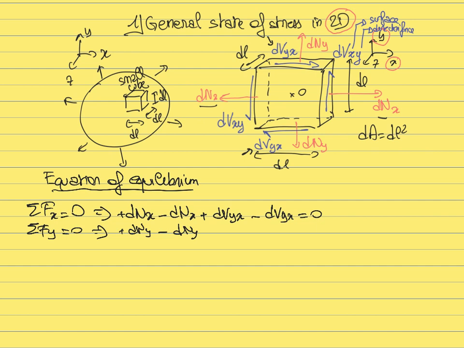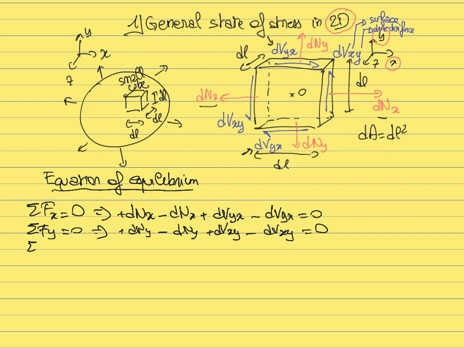The one on the right is going upward, so it has a positive projection, that's dVxy, and you have the one on the left that is going downwards, and we know that the sum of those projections has to be equal to 0. Again, here we do not learn anything new because we knew already that dNy minus dNy plus dVxy minus dVxy is equal to 0. So now let's see if we learn anything from the moment.